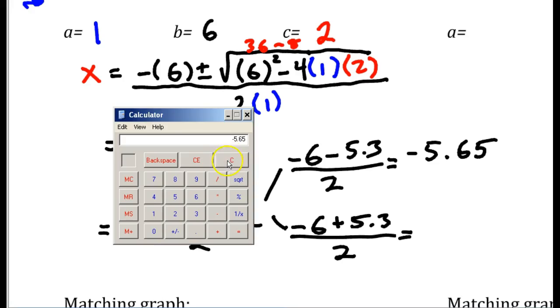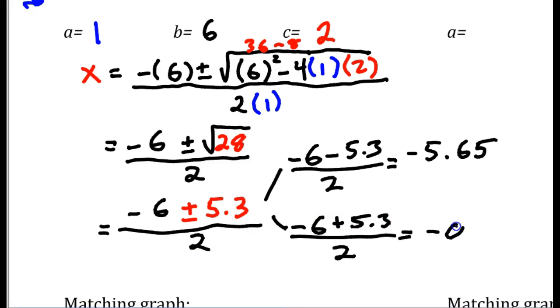And we could do the same thing with the positive. So negative 6 plus 5.3 equals negative 0.7, divided by 2 is negative 0.35. Negative 35 hundredths. So definitely we wouldn't be able to get this from factoring.